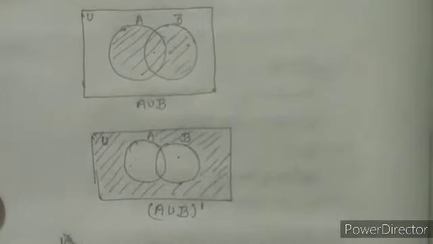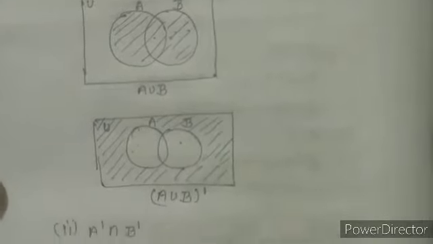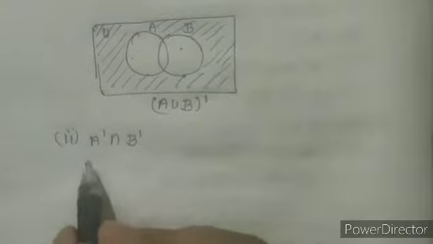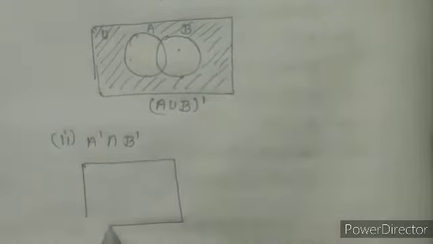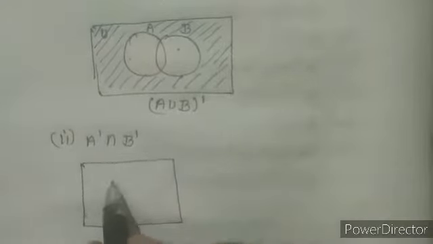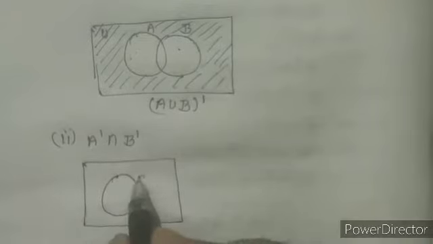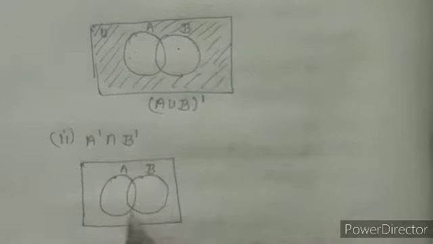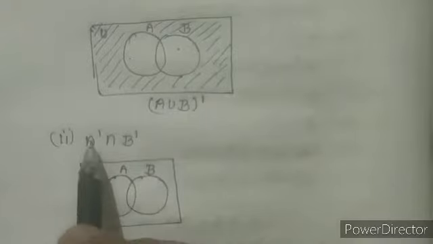Now in the second part, we have to represent A complement intersection B complement. First of all, again, we represent the universal set by a rectangle and sets A and B by circles.